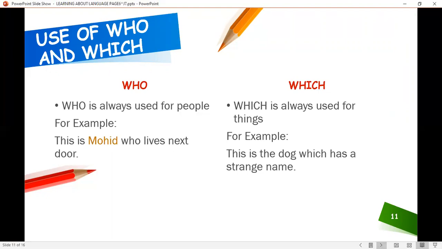For example, this is the dog which has a strange name. In things, always remember we mention the objects as well as animals. Animals can also be considered as things. That is why we use which for the animals as well.